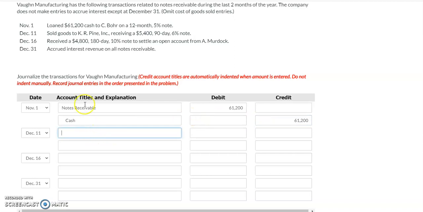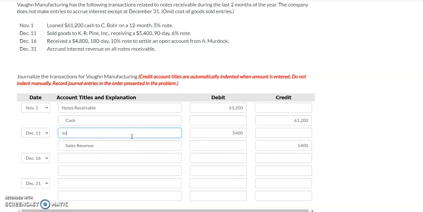On December 11th, the company sold goods to CR Pine, receiving a $5,400 90-day 6% note. So because the company sold goods, they should be recording sales revenue as a credit in the amount of $5,400, and their debit for $5,400 will be to notes receivable.